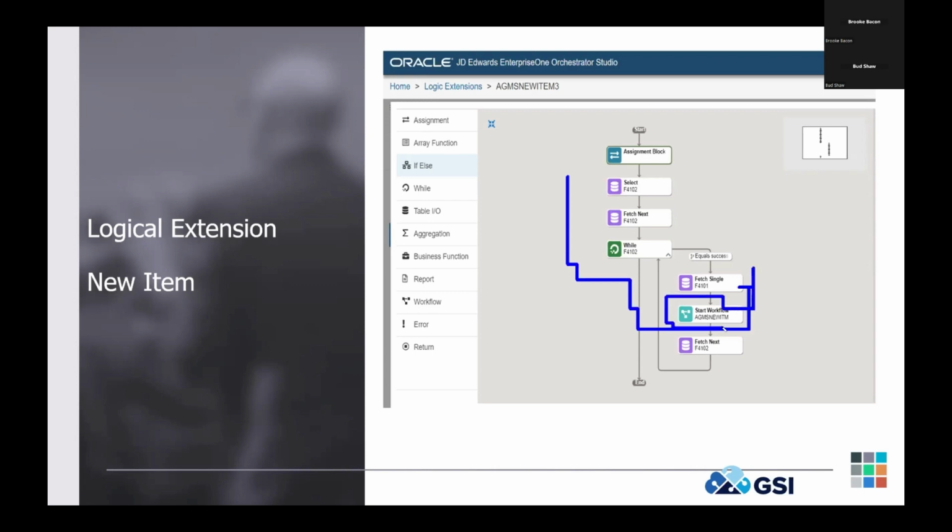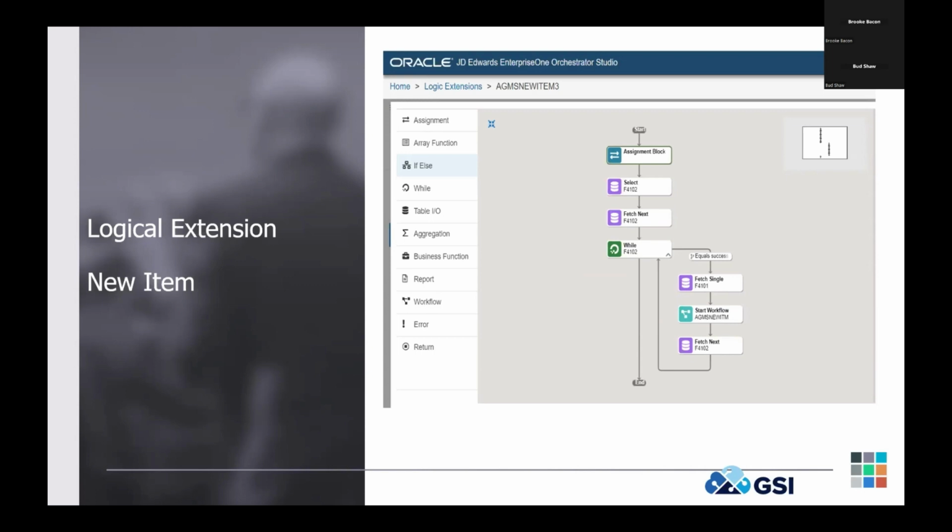This is from the logical extension calling the workflow in the workflow studio. And then of course this loops on through because you may have more than one new item added, depending on who does it. So this is the triggering using a logical extension. I just ran it on a scheduler, if you will, but it certainly could be launched from an E1 application.